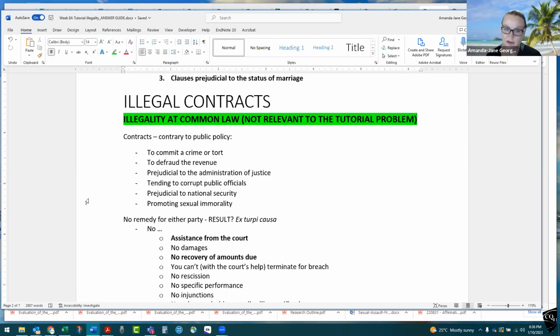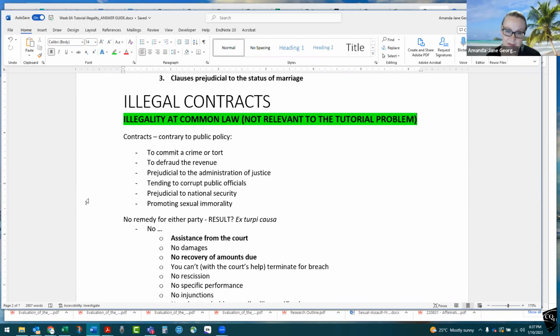Contracts to commit a crime or tort. So obviously, contracts to murder are not going to be enforceable. Contracts to commit a tort. That is, what's a tort that we all know and love? Willful negligence. You can't contract to do something like that and expect to have it enforced. Contracts to defraud the revenue, so tax evasion.